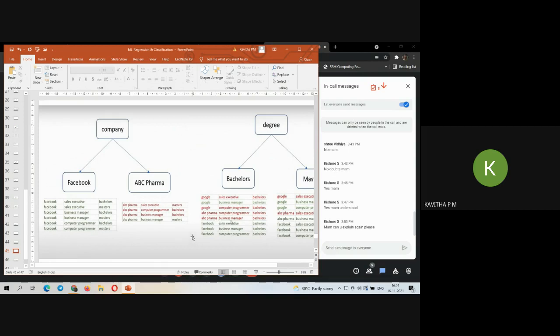Even in this decision tree, we have that company concept. How I got FBs in green color and ABC Pharmas in green and red color. And even in decision tree, we do have Gini split up. I don't want to touch that because it is a very vast concept.